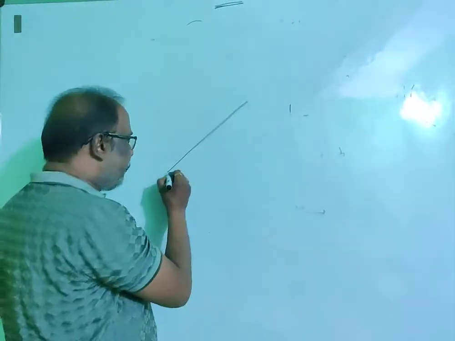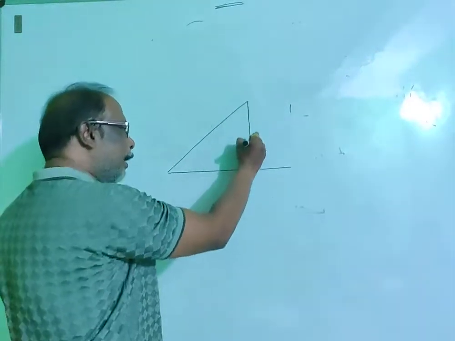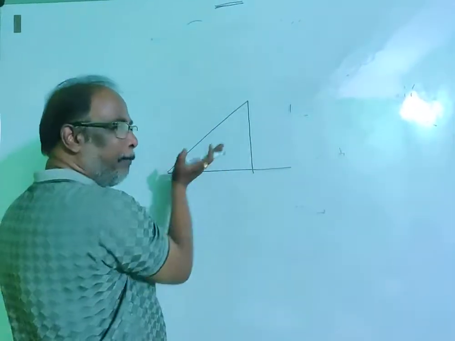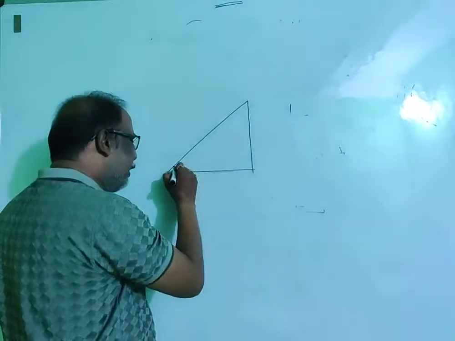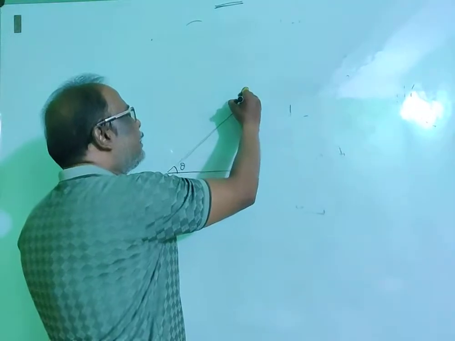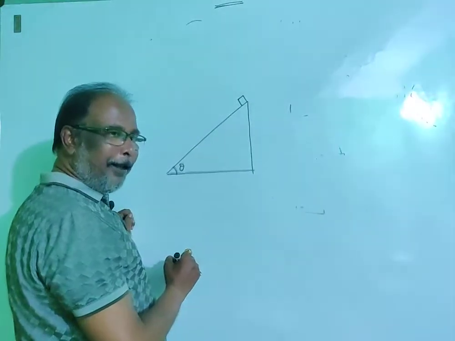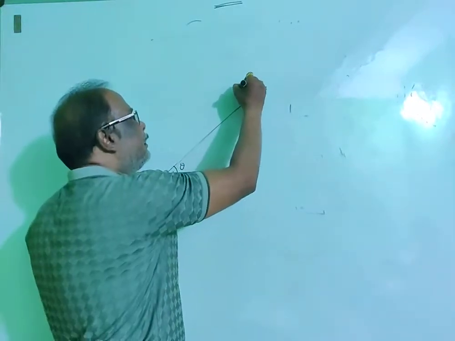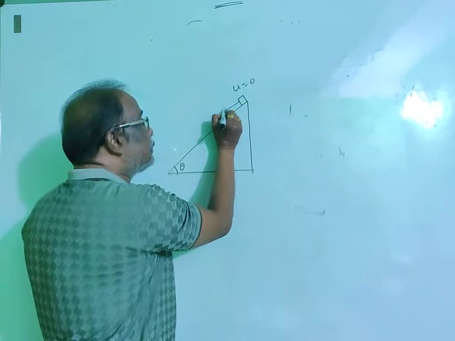This is an inclined plane, this is a horizontal plane, and this is a vertical plane. Suppose the angle of inclination is theta. A body is released from rest from the top of the inclined plane, then obviously the initial velocity is 0.